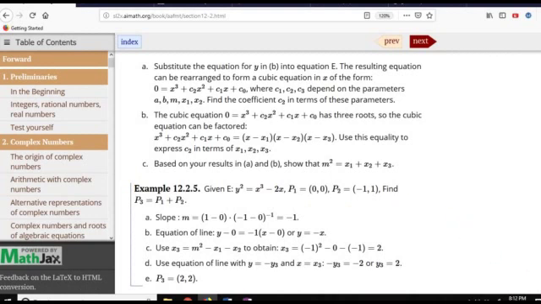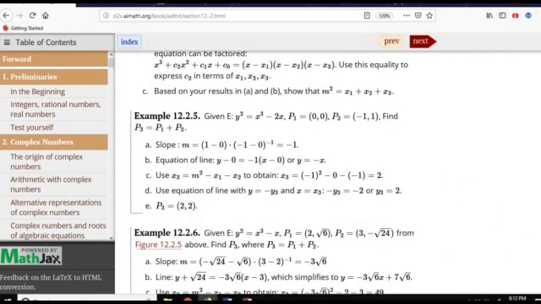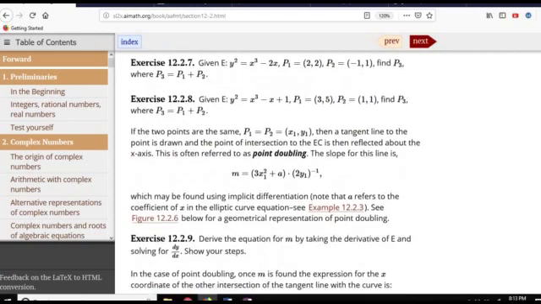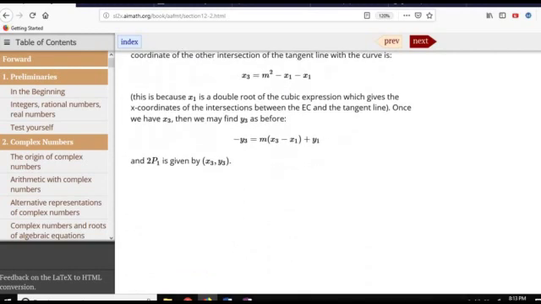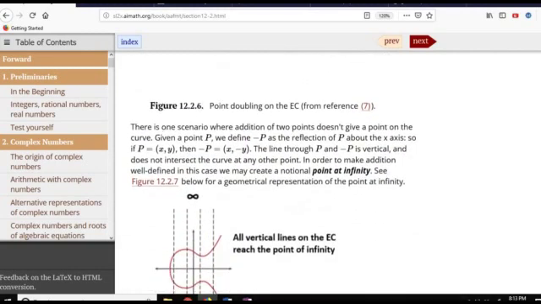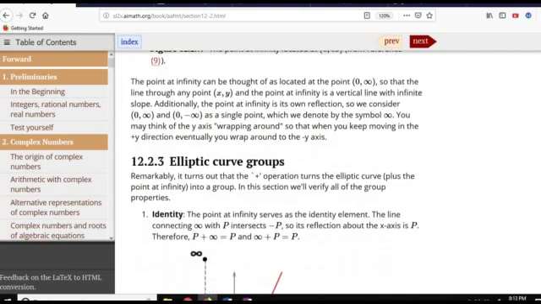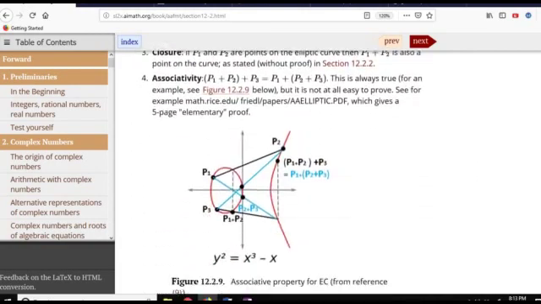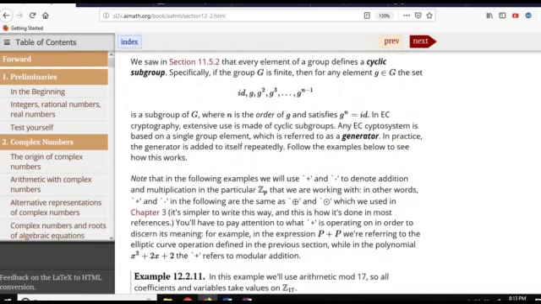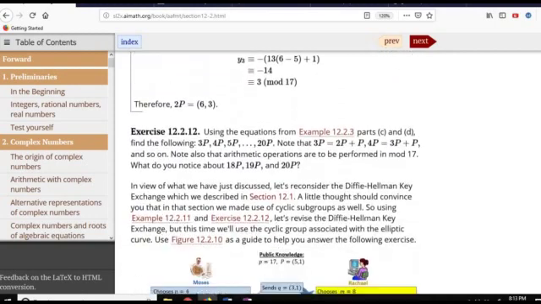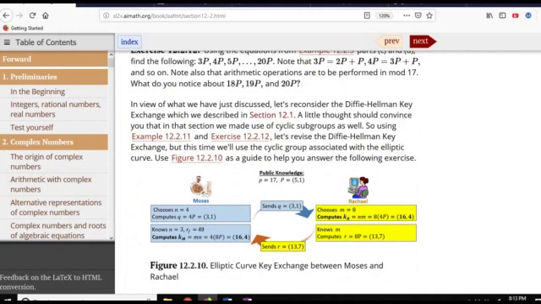Now here, instead of doing repeated powers, you do repeated sums. The group operation here is a plus and not a times. And a lot of these problems is just working out the mechanics of how to add points. But then you get down here where you actually do the cryptography, and you'll see that the diagram is virtually the same. The difference is that you don't send a number, you send a pair of numbers.